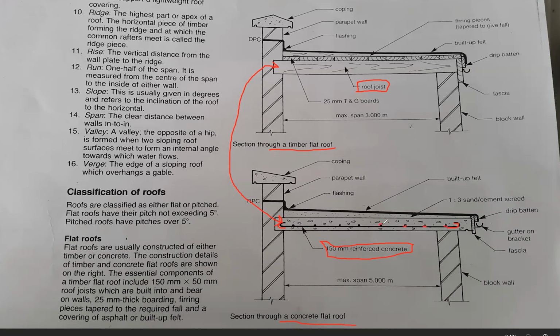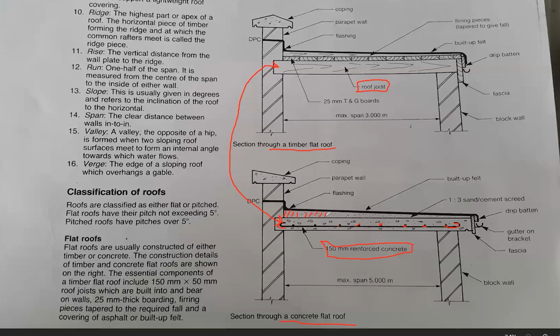The steel bars. Okay. Now above the concrete slab, we have a 1:3 sand/cement screed, which is here. Right?